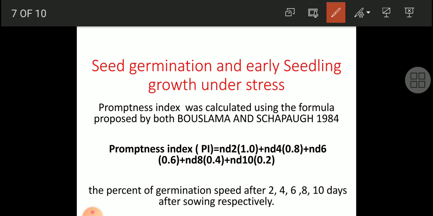The promptness index was calculated using the formula proposed by Bouslam and Shekapog, who gave it in 1984.